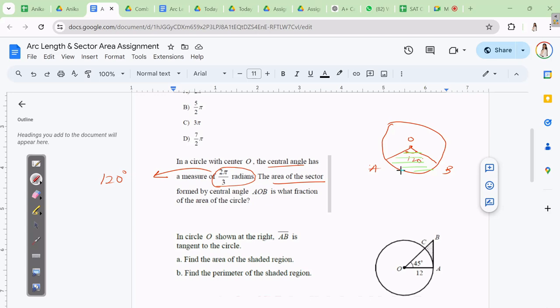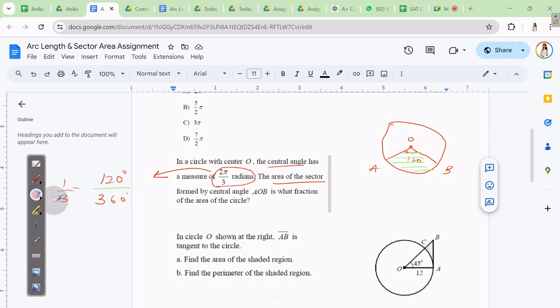So wouldn't it just be a third? Yes, exactly. All you have to do is find out what fraction this angle is of the total angle. That's going to be just 1/3.